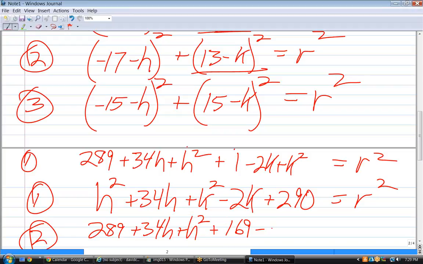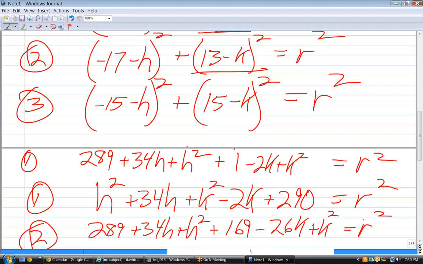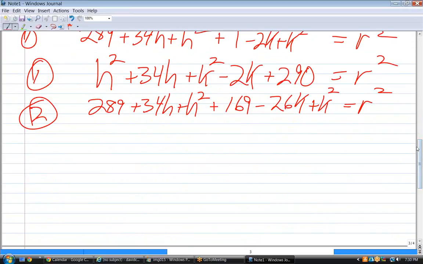And then I have 2 times a times b. Well, that's 2 times 13 times k. So that would be minus 26k plus k squared equals r squared. Okay? This is going to actually solve pretty easily.